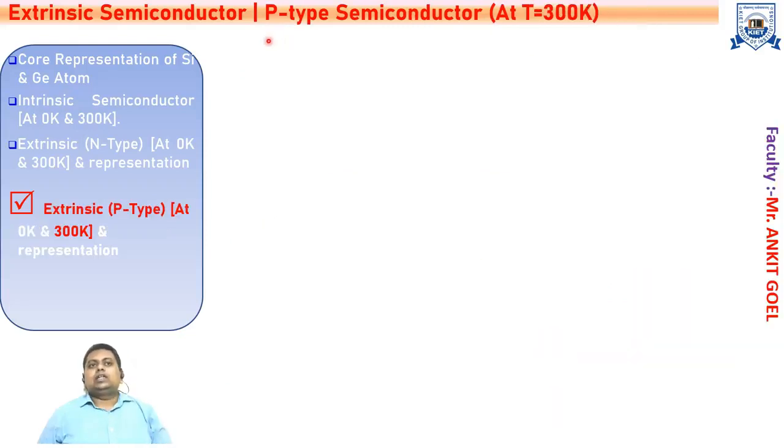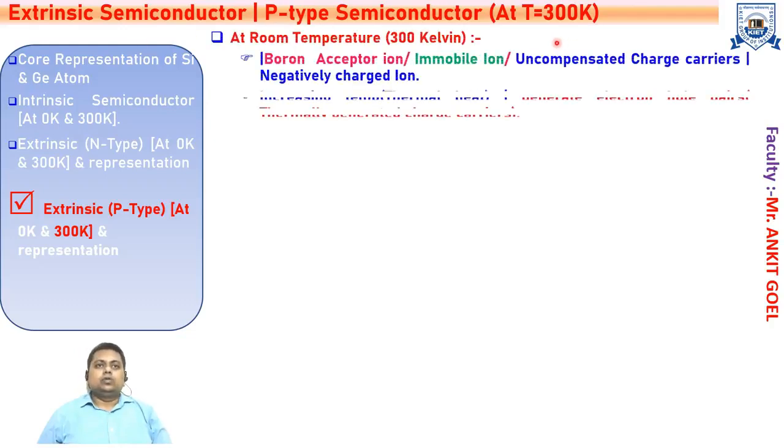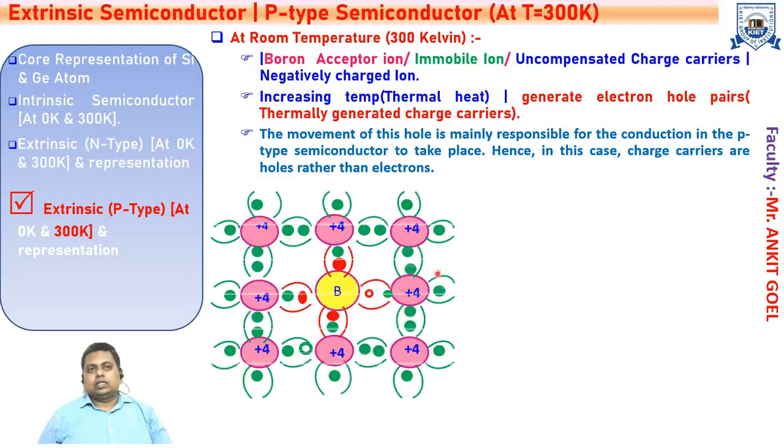Right. So let's discuss the behavior of the p-type extrinsic semiconductor at room temperature. At room temperature, you will see that we have the boron atom in the structure, which makes a covalent bond with the 3 adjacent silicon atoms, and it will give one hole to the structure. This hole, which is created due to deficiency of the electron, has a higher tendency to snatch out an electron.